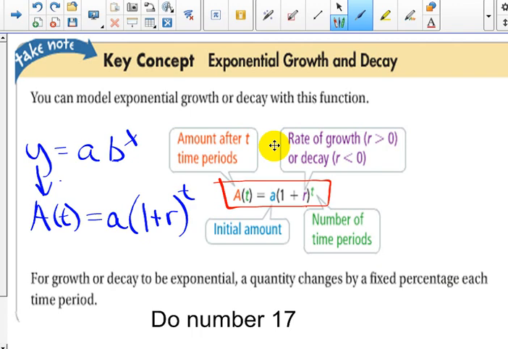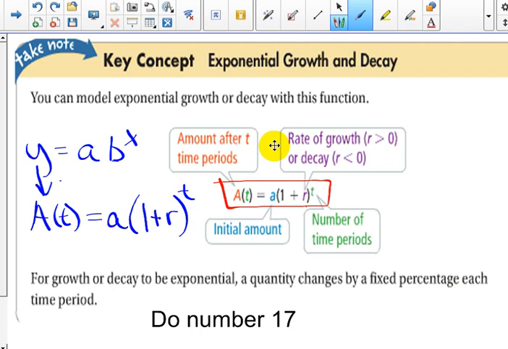The lowercase a is equal to what? The initial amount. So write initial amount there. R is your rate of growth or decay. And t is the number of time periods. Okay? So that's this formula.